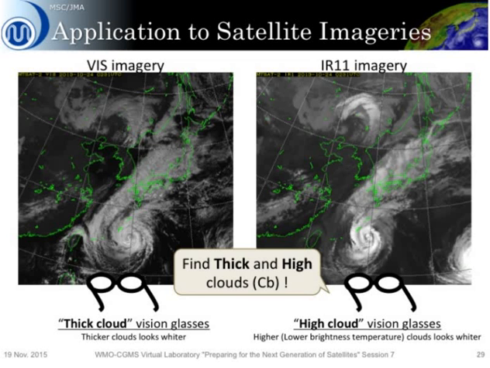Visible band imagery corresponds to the thick cloud vision glasses, and infrared imagery corresponds to the high cloud vision glasses. Using these glasses, please find thick and high clouds. It means CB clouds.